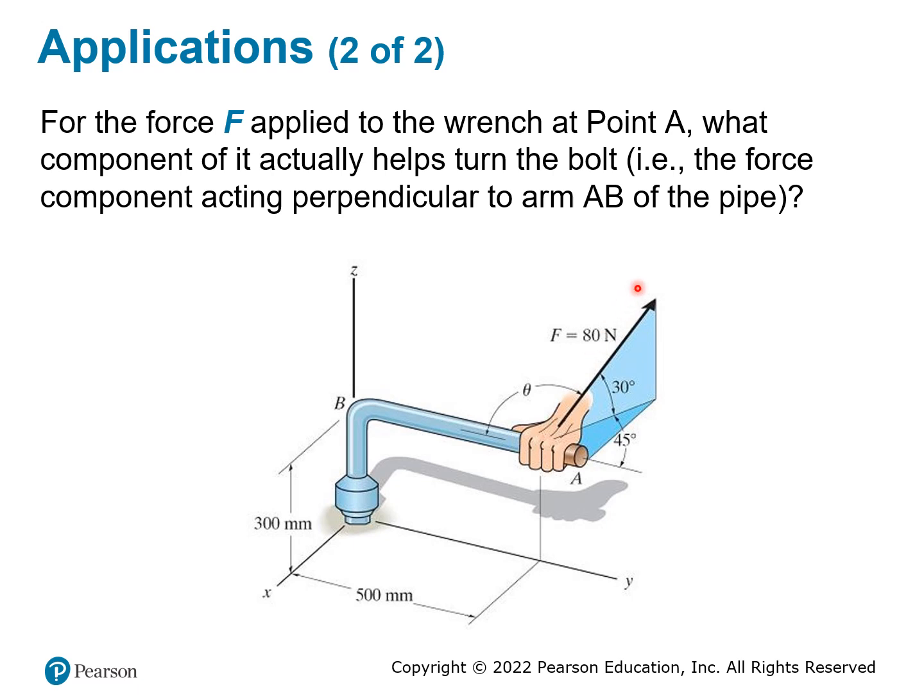We want to know what is the actual component that will help to turn the bolt. The reason is that when this force is not perpendicular to the arm here, those forces are not going to help you to turn the bolt.